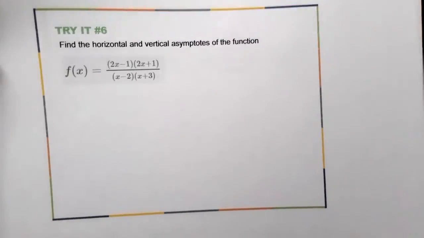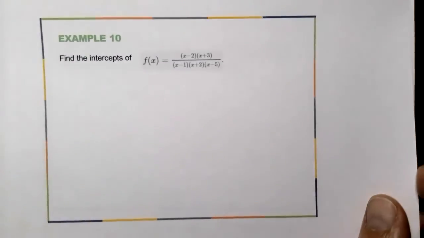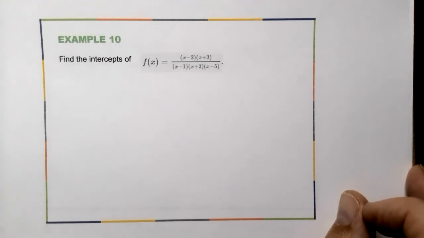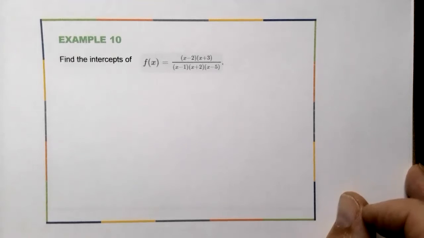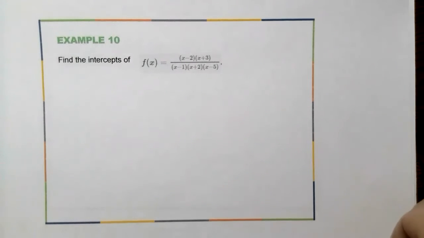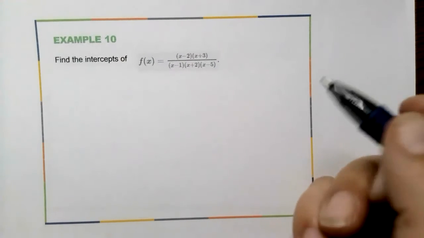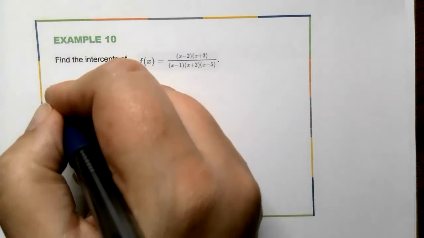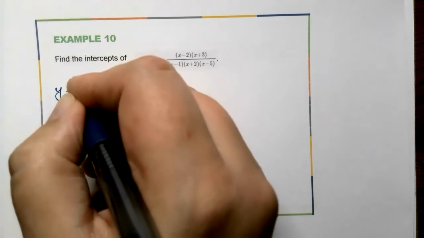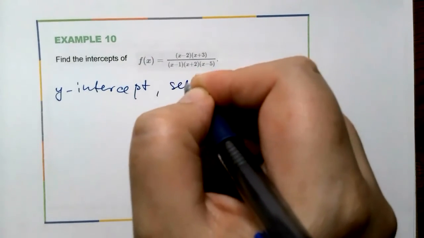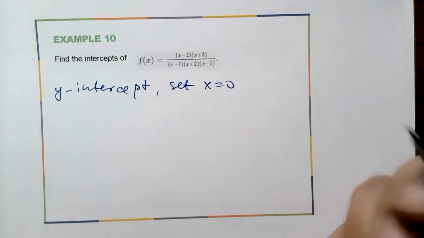Okay, and the last example that I wanted to show in this video is how to find intercepts of f of x. So as usual, how do we find intercepts for a linear function, for example? In order to find the y-intercept, we set x equals 0 and plug it in, right?